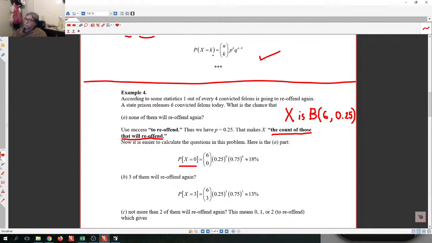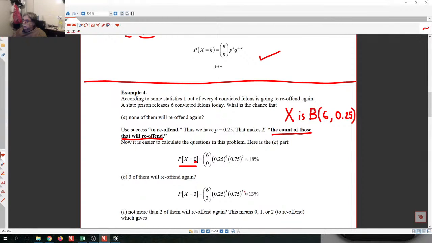And I just simply use the formula. n chooses k, where nobody is going to reoffend, so k is 0. n chooses 0, times the probability of success 0.25 to the power of 0, times the probability of failure 0.75. Failure and success are complementary probabilities. If one is 25%, then the other one is 75%.